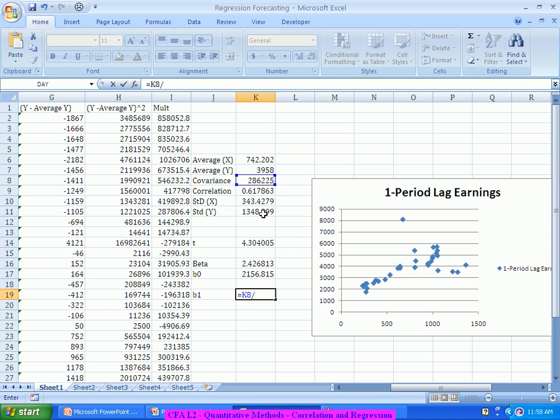Now my beta is completely different. My beta is coming out to only 0.15, and as we know, the beta has nothing to do with it being high or low.